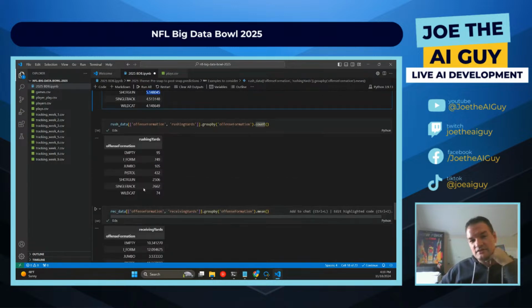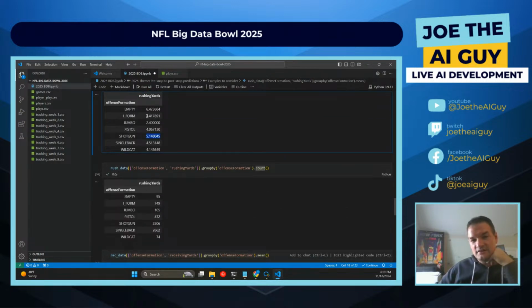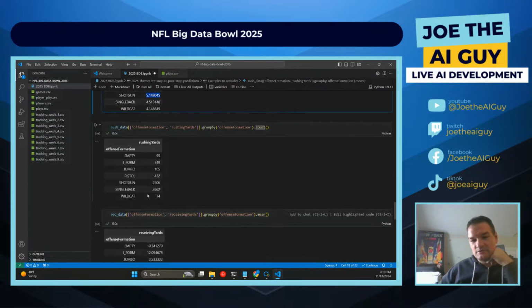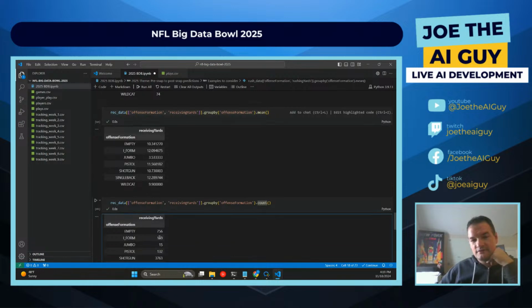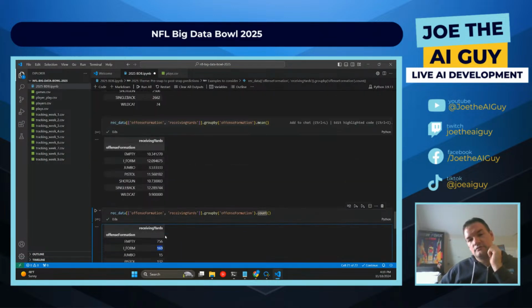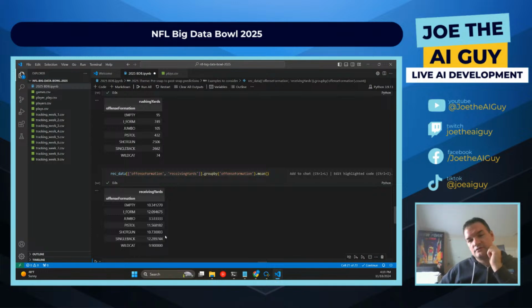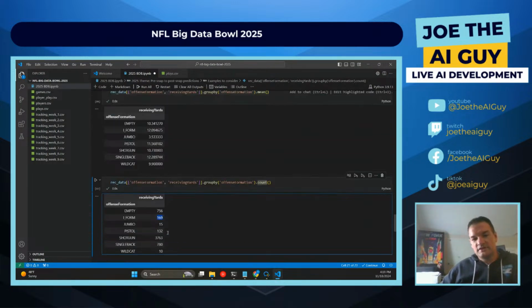And I think the biggest standout here is the I formation. Teams do use this quite a bit. What do we see here? Out of the 6,000 total plays here, that was 6,000 rushing plays.